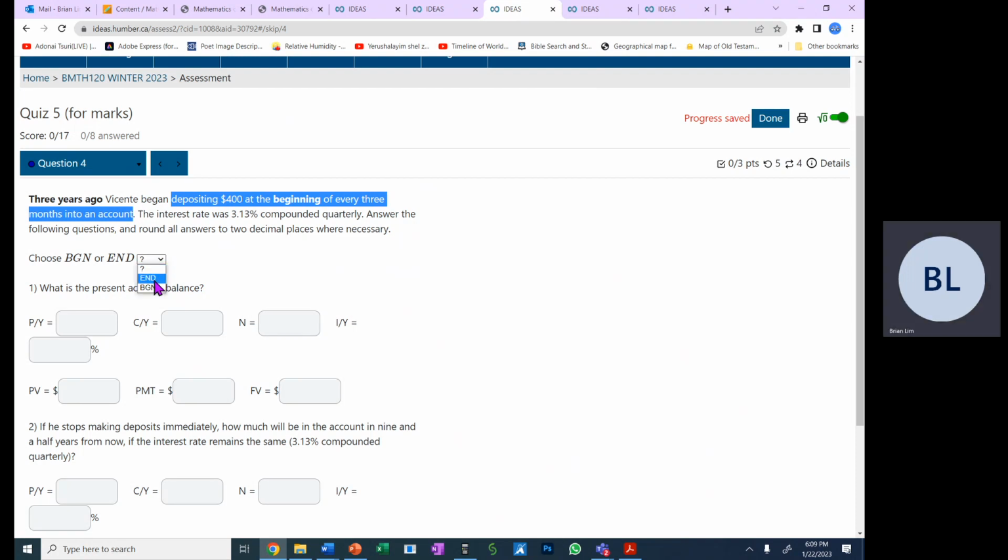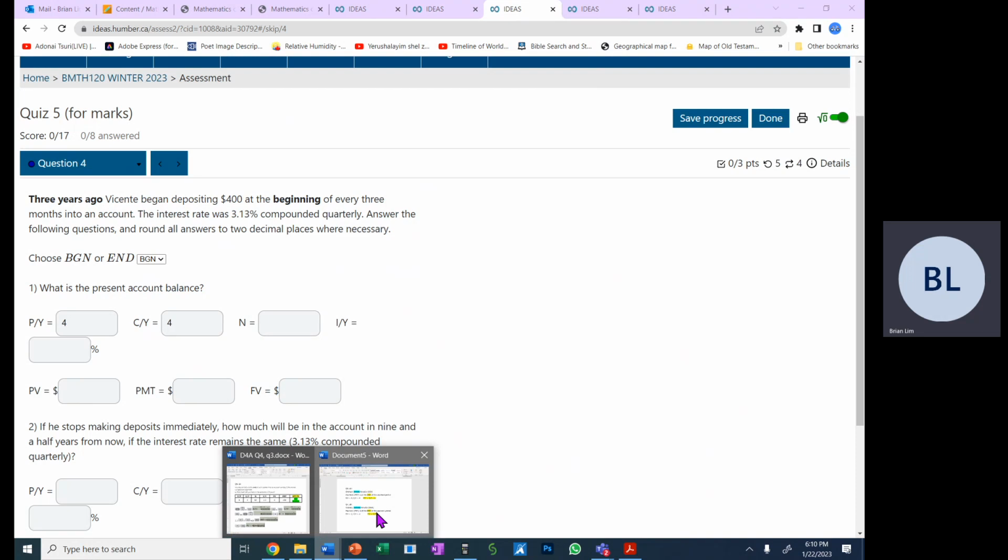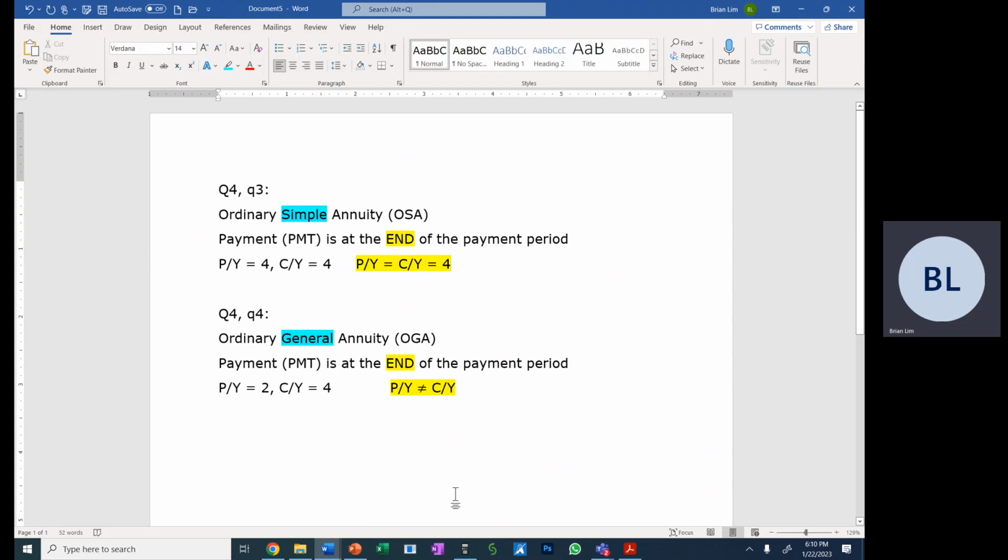So it is at the beginning of every 3 months, so it's 4 times per year. PY would be 4. The interest rate is compounded quarterly, so CY is also 4. So quiz 5, question 4. Let's go in there and put quiz 5, question 4.